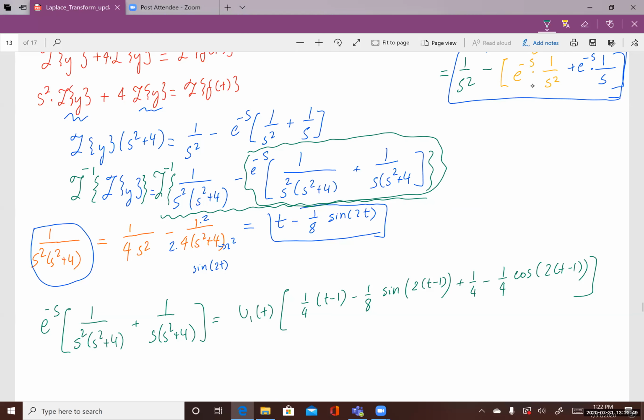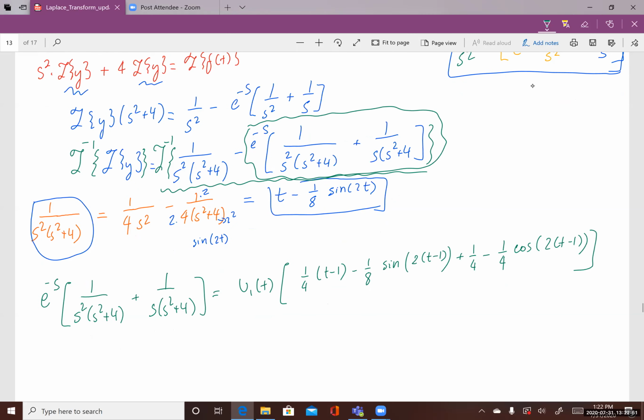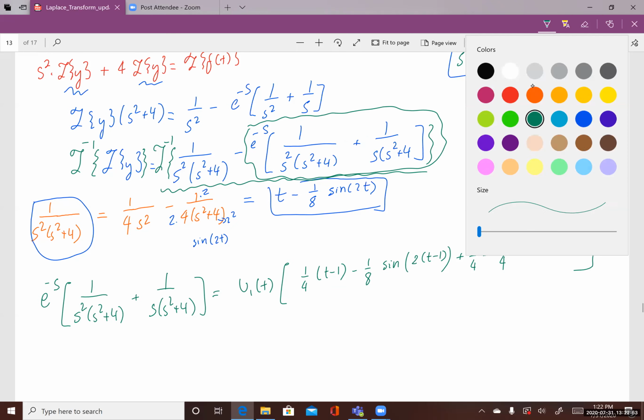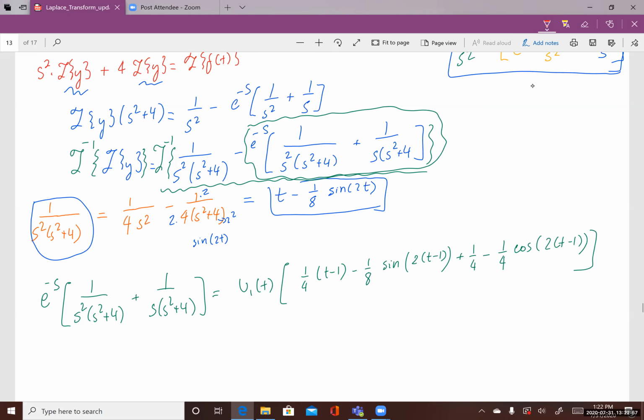Okay. So as we know, I want to denote it properly. The inverse Laplace of this is this, and the inverse of this would be the inverse of 1 over s squared plus 4.